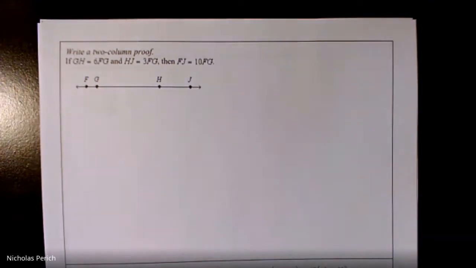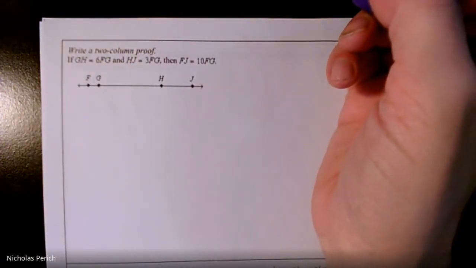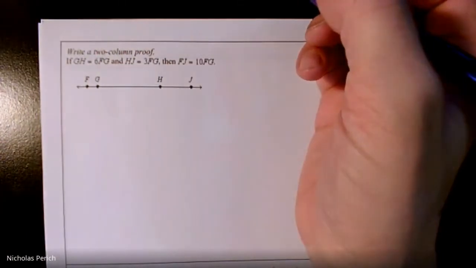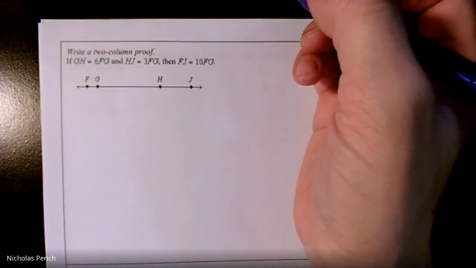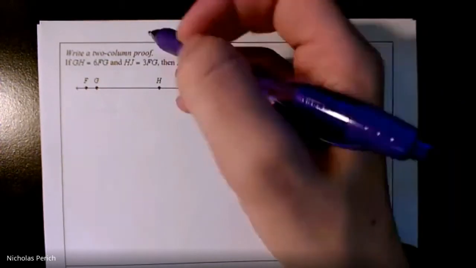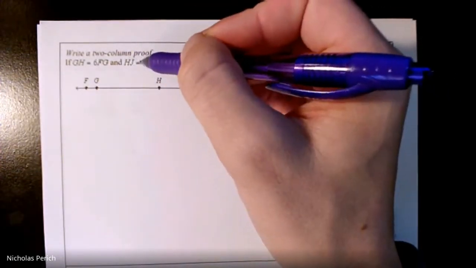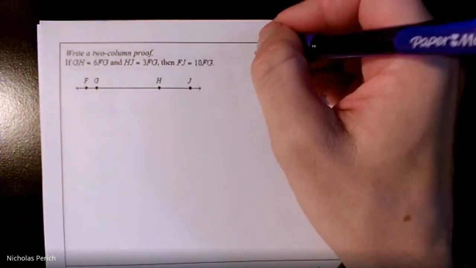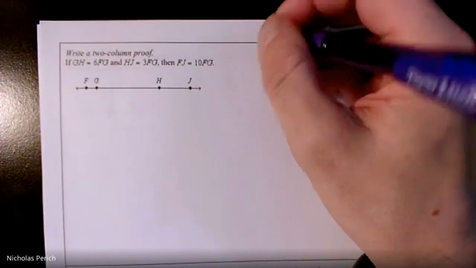If GH equals 6 FGs, and HJ equals 3 FGs, then FJ equals 10 FGs. So let me try to set this up.